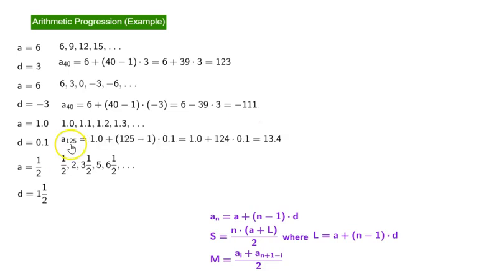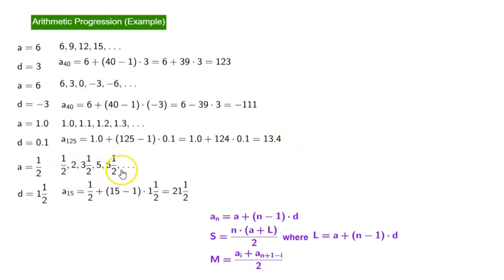The 125th term in this arithmetic progression: we have a is 1.0 plus 125 minus 1 times 0.1, which is equal to 1 plus 124 times 0.1, which gives us, if we multiply this, 12.4 plus 1, which is 13.4.